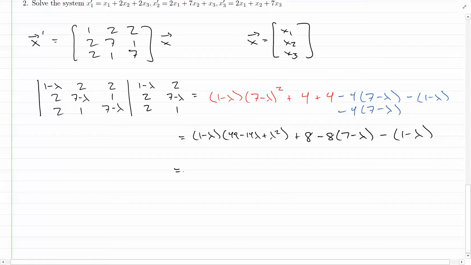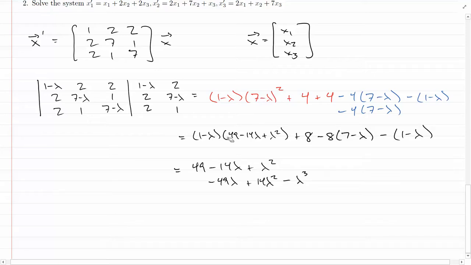Alright, so let me multiply all this out here, and I'll try to combine like terms. So 1 times, so I'd have a 49, I'd have a minus 14 lambda, I'd have a plus lambda squared. I'd have a minus 49 lambda plus 14 lambda squared minus lambda cubed.